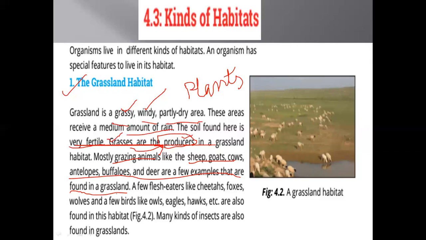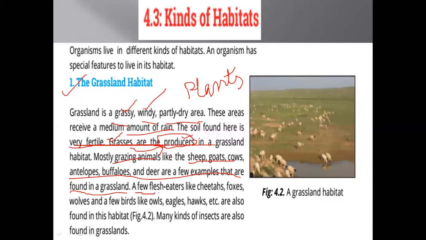So they feed on the grass. That's why they are called herbivores. Herbivores means those which eat herbs or which eat only the plants or the grass. I think you know this term from before, herbivores.